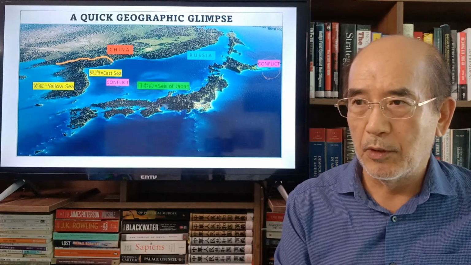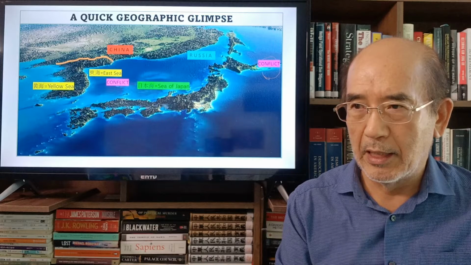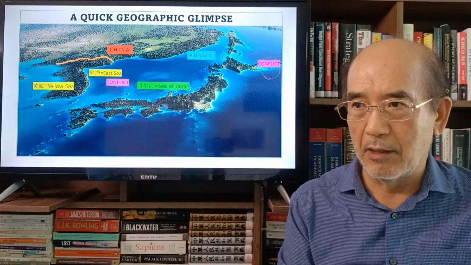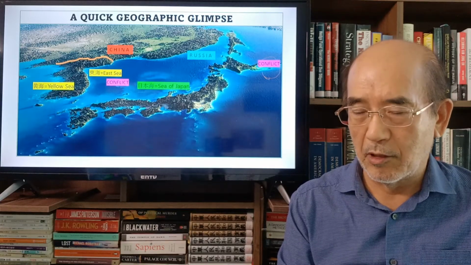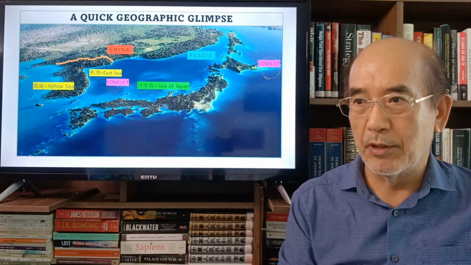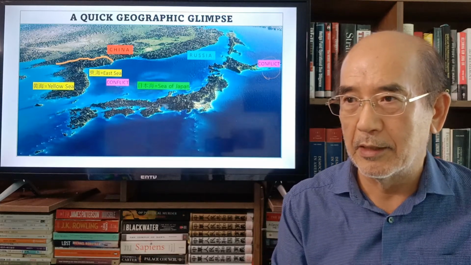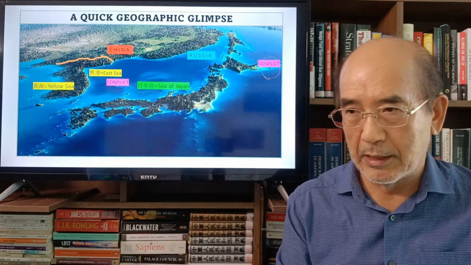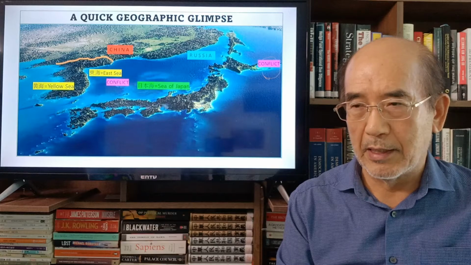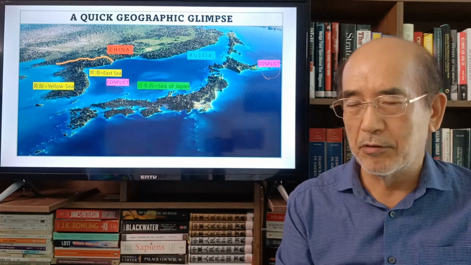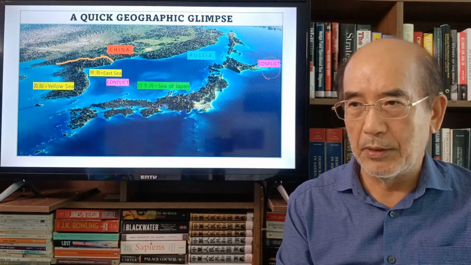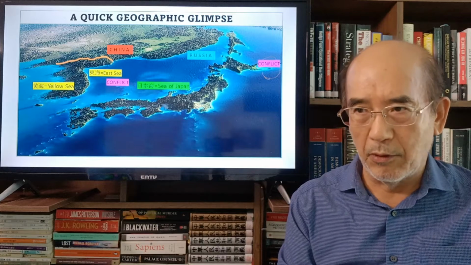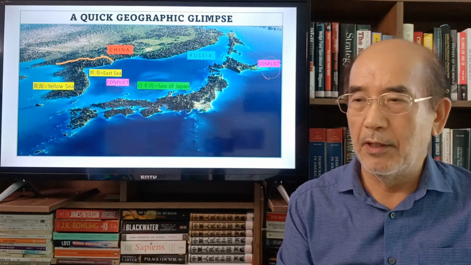And the third one, which is very important, we will discuss later in detail. But if you look at the map very quickly, the plains where people gather and live, the settlements, are on the left side of the Korean Peninsula. So obviously, Pyongyang, the capital city of North Korea, and Seoul, the capital city of South Korea, are all on the left side. It is also important that from centuries ago, the ruling elite of the Korean Peninsula were mostly born and lived in the western part of the peninsula.